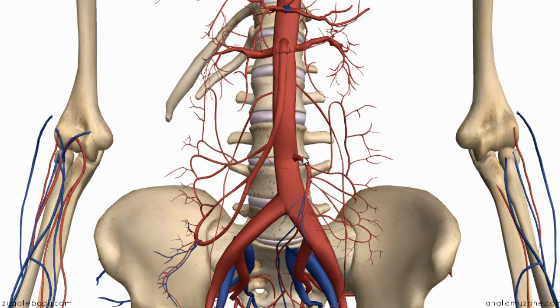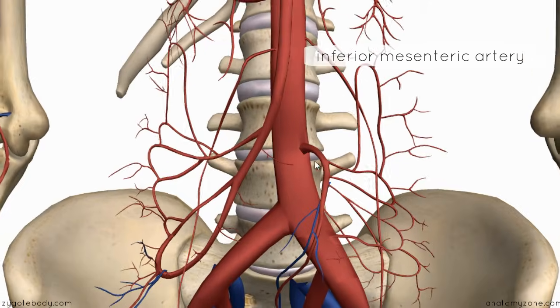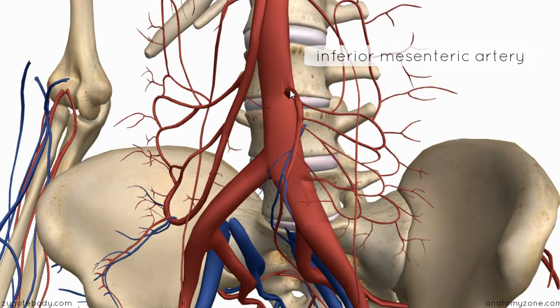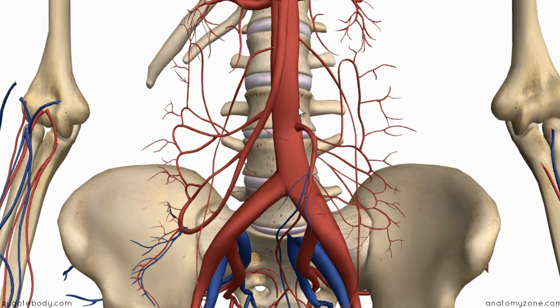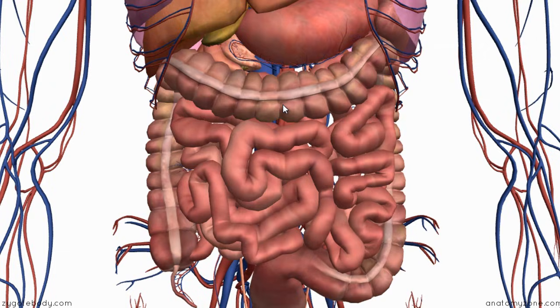So then we've got the inferior mesenteric artery, which supplies the hindgut structures. So you can see it here, the inferior mesenteric artery, and you can see this is lumbar vertebra L3, so it lies at the inferior border of lumbar vertebra L3, and it supplies the hindgut structures. So just switch back to this view.